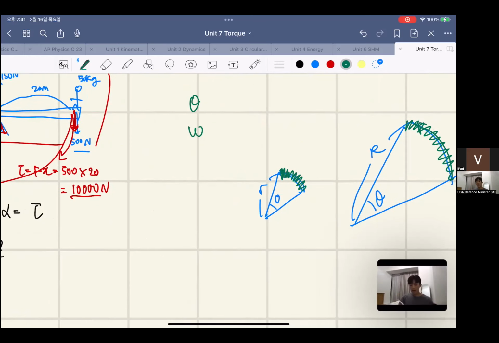Omega is how much angle you can rotate in a given time. And alpha is the rate of change of your omega. How fast can your omega change? How fast can your angular velocity change? How faster and faster can you rotate over time?